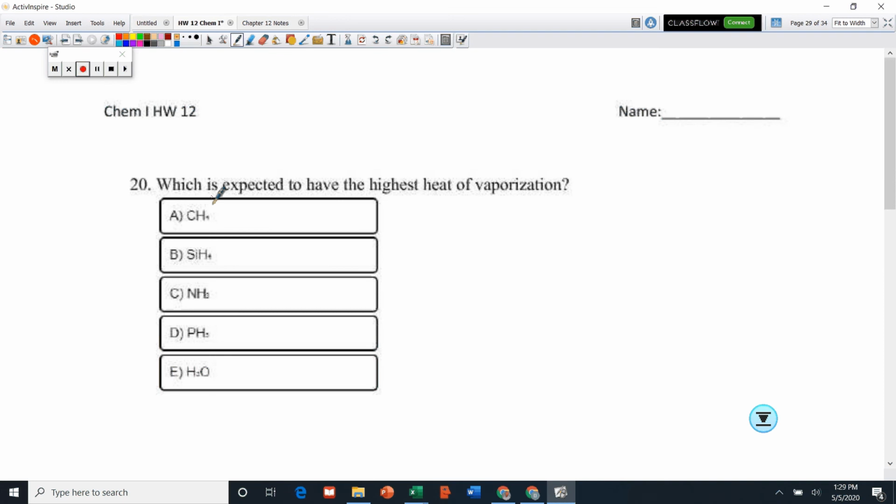Which is expected to have the highest heat of vaporization? Just caught this, I almost messed up on here. It wasn't asking for vapor pressure, it's asking for heat of vaporization. So another way to look at this question, which one is going to have the highest boiling point?